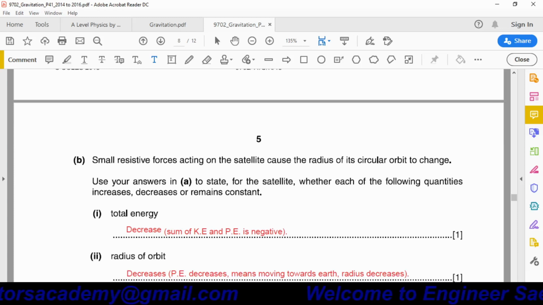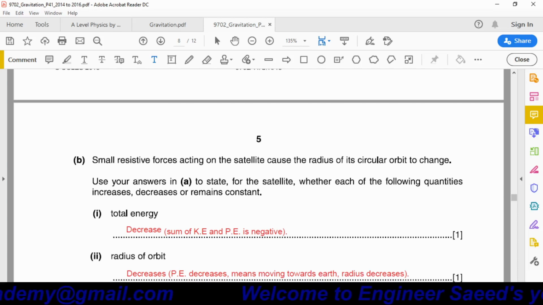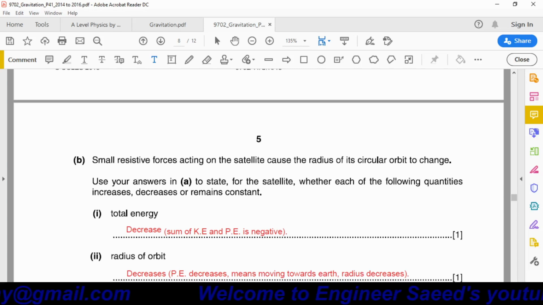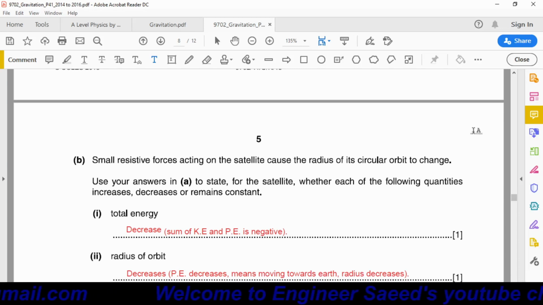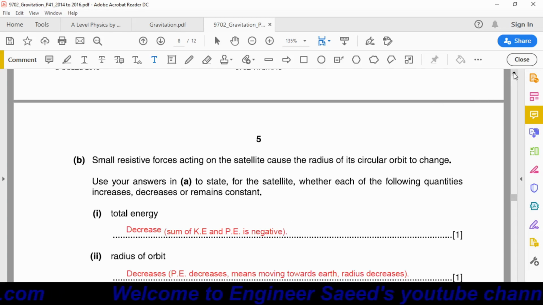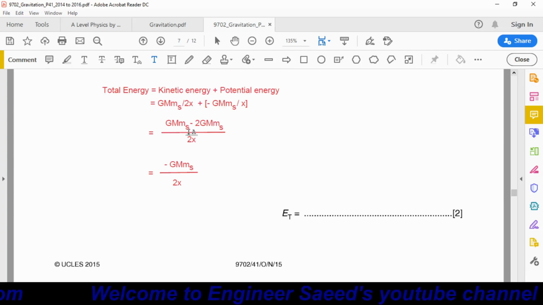Okay, small resistive forces acting on the satellite cause the radius of its circular orbit to change. Use your answer in A to state for the satellite whether each of the following quantities increase, decrease, or remains constant. Total energy decreases. Why decrease? You see, here is a minus sign.